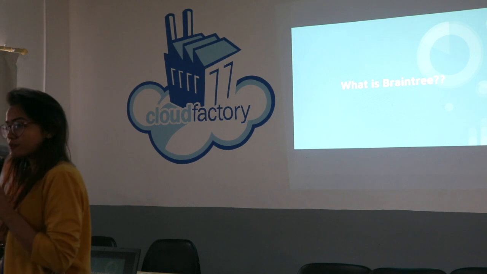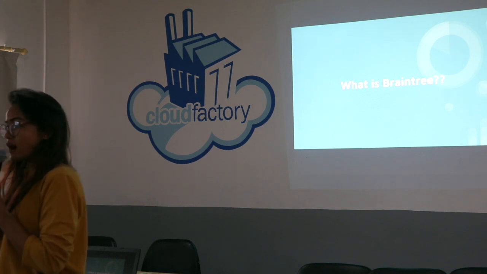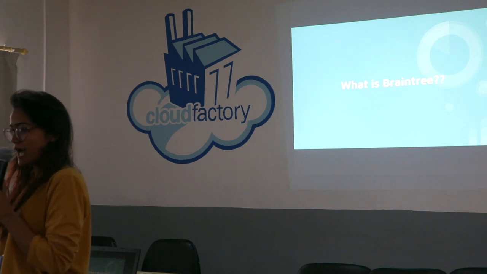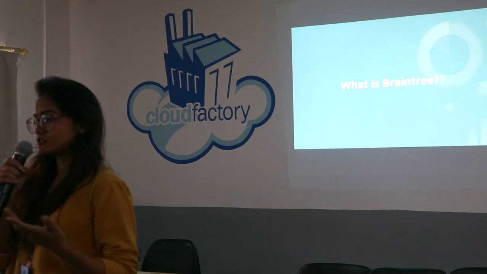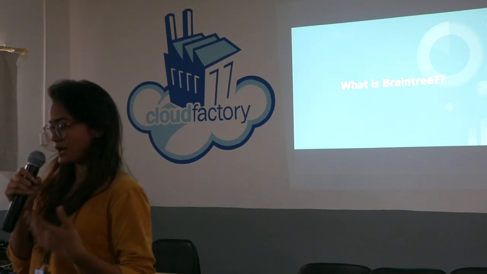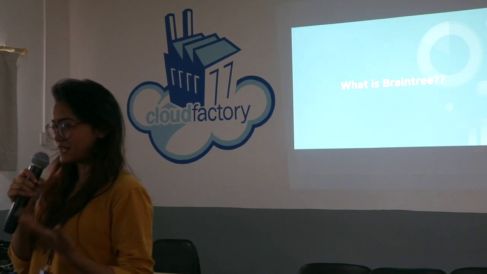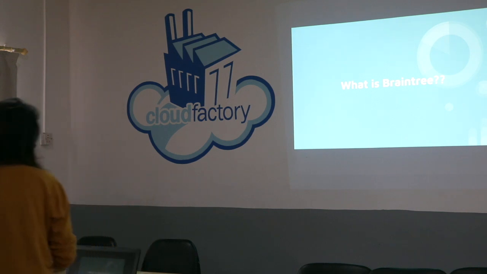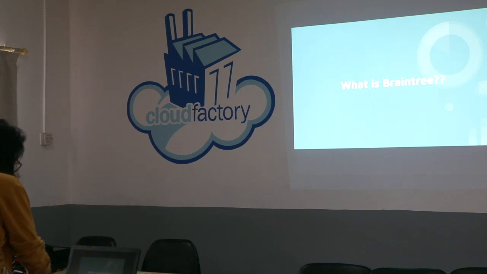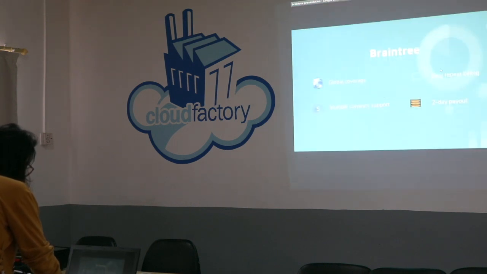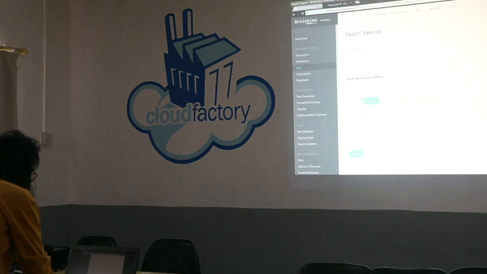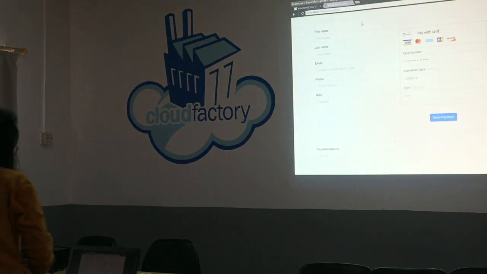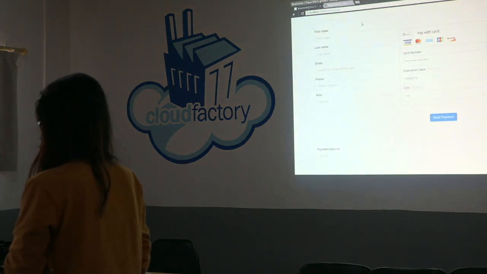Before going further into the slides, I would like to show you my demo app so that you can get a surface level understanding of what I'm going to talk about for about 10 minutes. As you can see, this is a form.